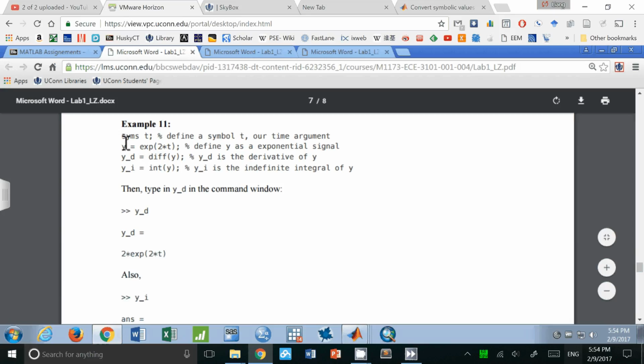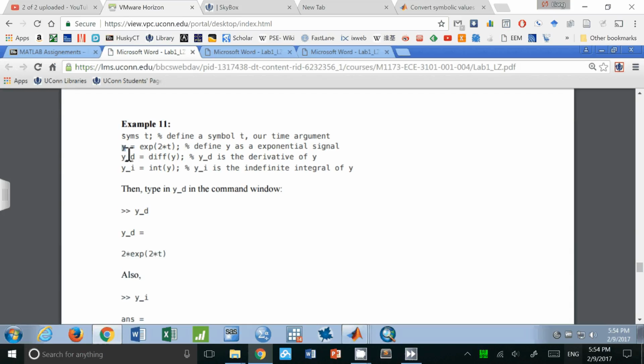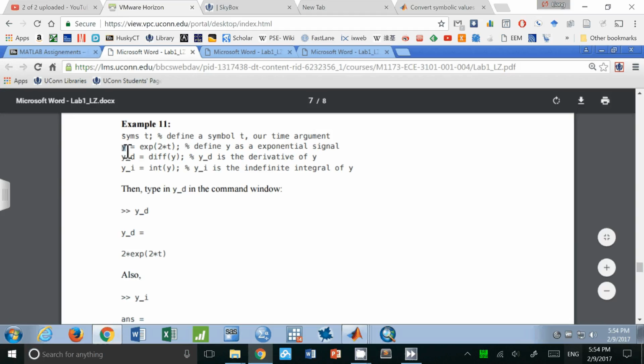And you can define a function, so y is exponential of 2t. Now y, in this case, doesn't contain any number in an array, just a symbolic notation. But it's exponential of 2t. And you can take the derivative, and you can take the integration.